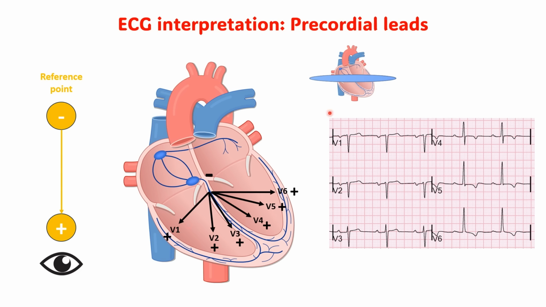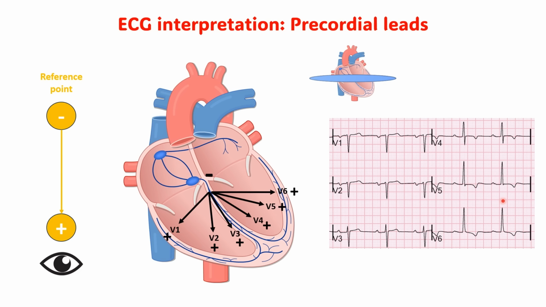The chest electrodes, related to the positions V1 all the way through to V6, represent the positive poles, and these are all unipolar leads. It's worth mentioning.